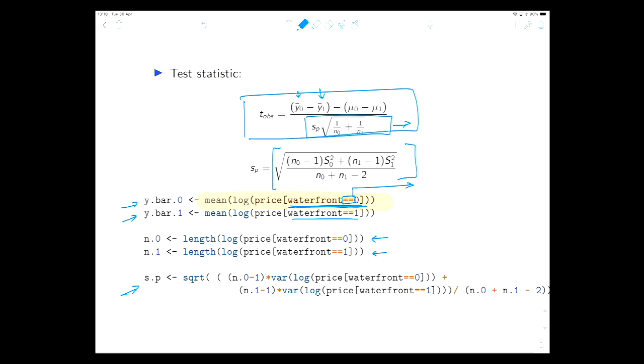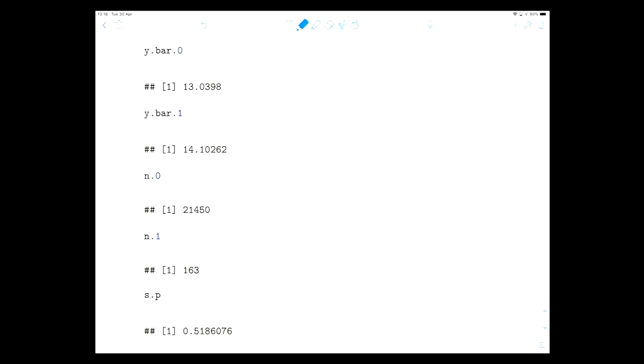Notice, in this case, mu0 minus mu1, which are based on your population data, which you obviously don't have the value for, but you set the value for mu0 minus mu1 based on the assumption that null is true. So if null is true, then mu0 and mu1 must be equal, therefore that difference, mu0 minus mu1, must equal 0. So that's how you would calculate your T statistic.